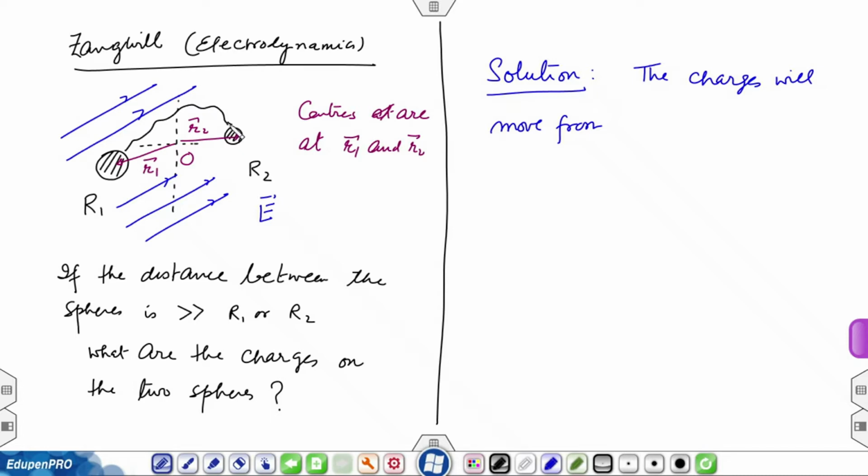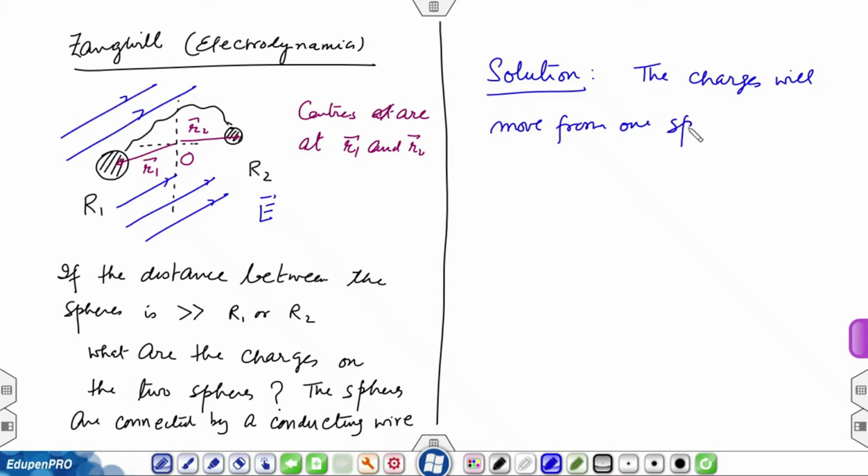Okay, so, the spheres are connected by a conducting wire, and the charges will move from one sphere to the other because of the field. And how do they move? They move through the wire.